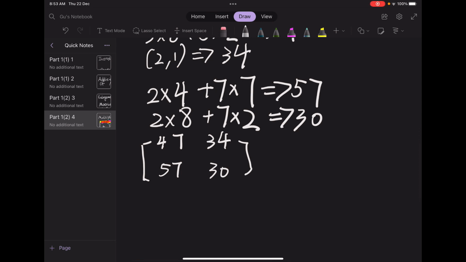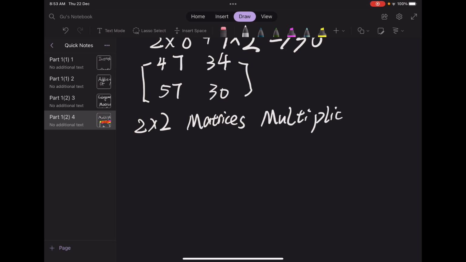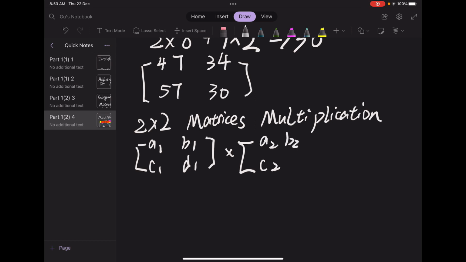Okay, now we have some general formulas. As we already know, we've already tried above that if it's 2 by 2 matrices, they multiply. The general formula is going to be A1, B1, C1, D1 times A2, B2, C2, D2.